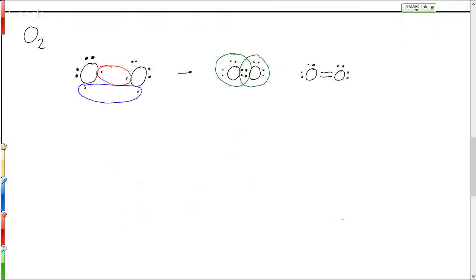Okay. So now I want you to try it, and I'll give you a couple to try. Same technique, draw the dots, see if you can get them to connect, and then draw them with lines at the end. So the first one we're going to look at is H2O, water. And then take a look at N2, nitrogen, which is nitrogen gas.